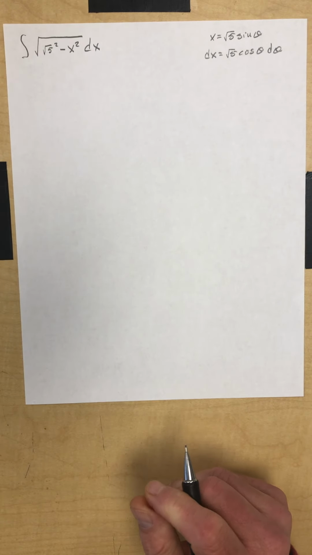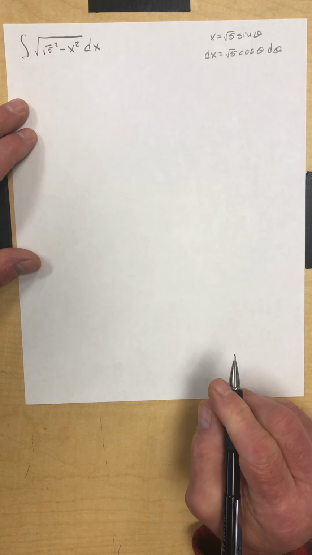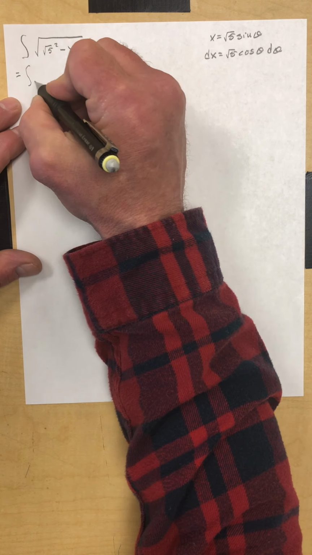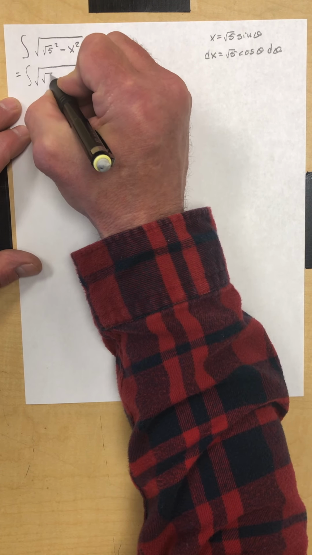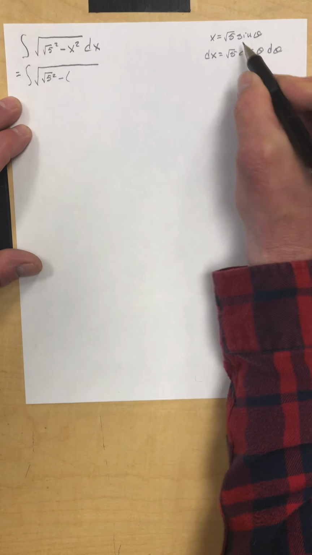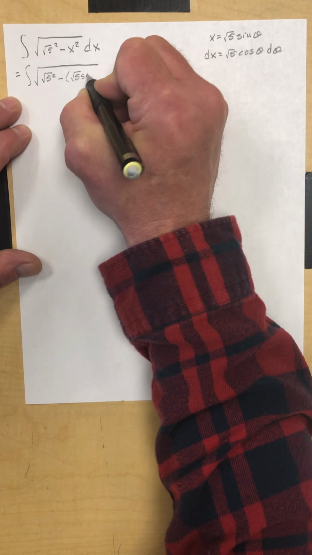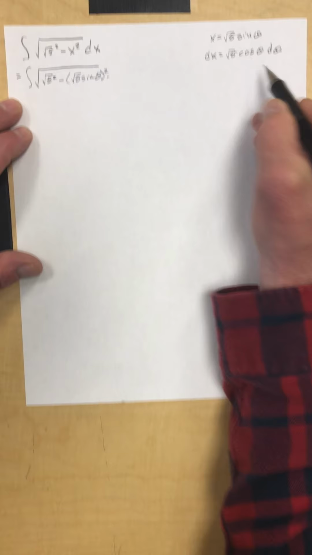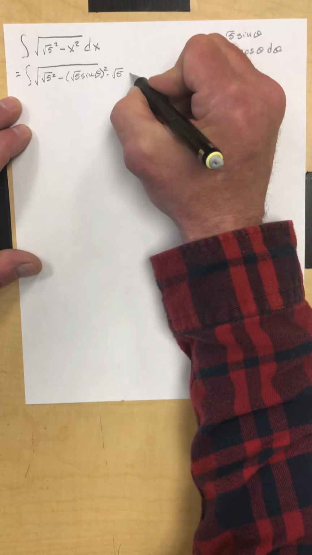Okay, as far as the radicals, I'm going to worry about those guys at the very end. Okay, I'm not going to mess around with them right now. Okay, so let's see. Square root of, okay, we would have radical 5 squared minus this guy squared, radical 5 sine of theta squared, times my dx, which is radical 5 cosine theta d theta.